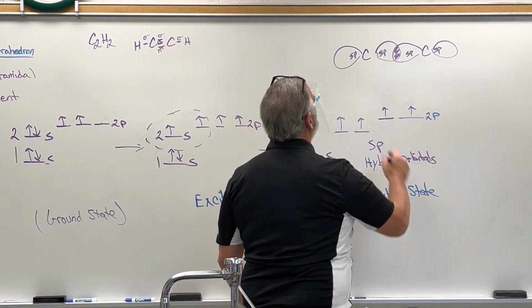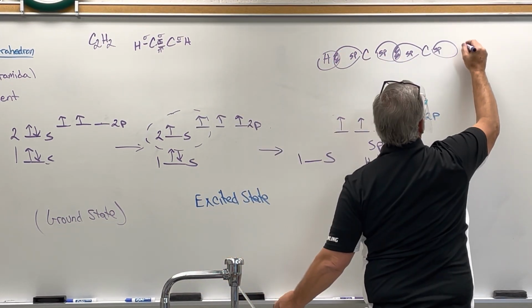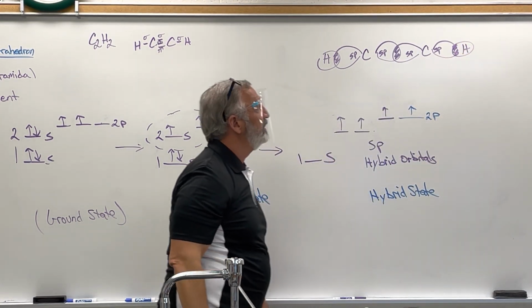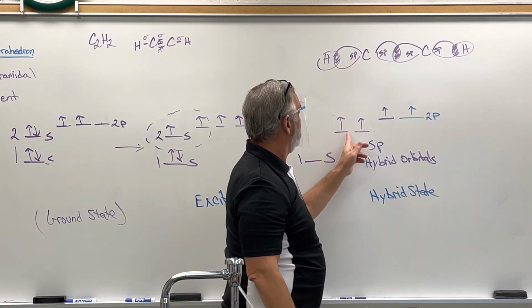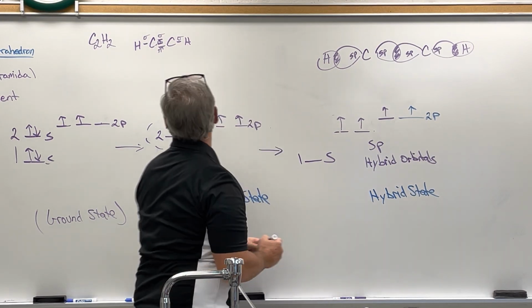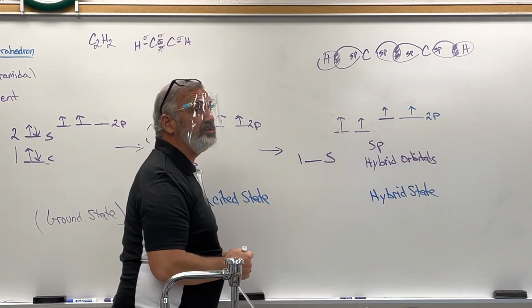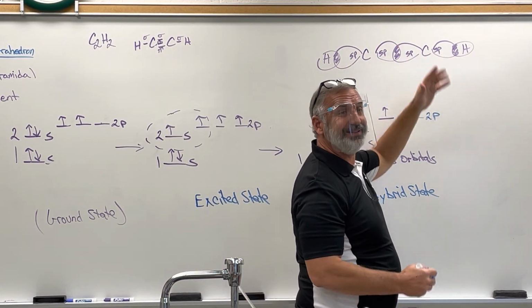Okay, so the hydrogen can come in here and form the sigma bond. The hydrogen can come in here and form the sigma bond. So those are my hybrid orbitals. Each carbon has 2 of them. Okay, but each carbon also has 2 p orbitals that are non-hybridized. So those are going to, this is the x-axis. The p orbitals then are going to be on the y and the z.